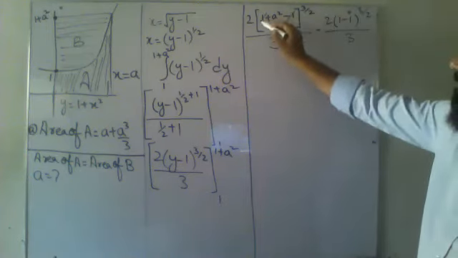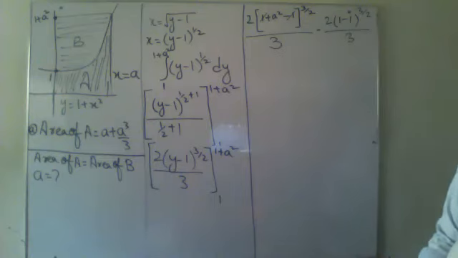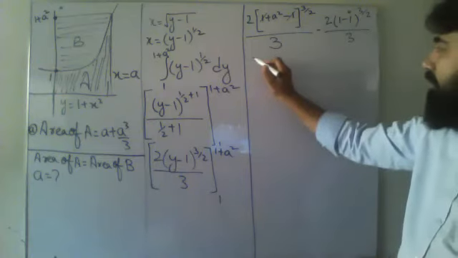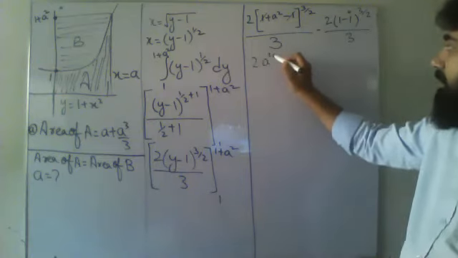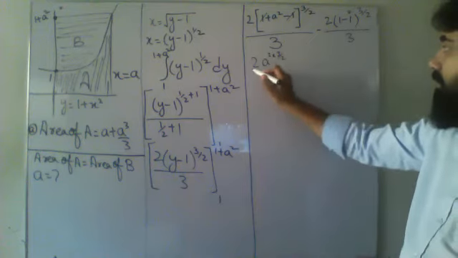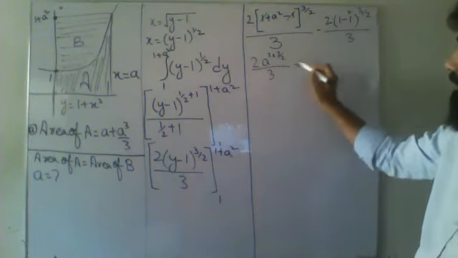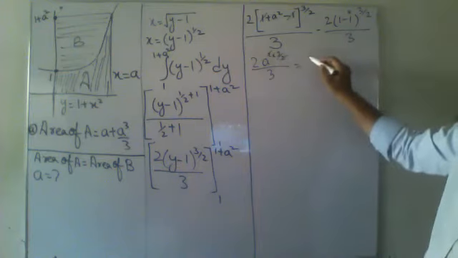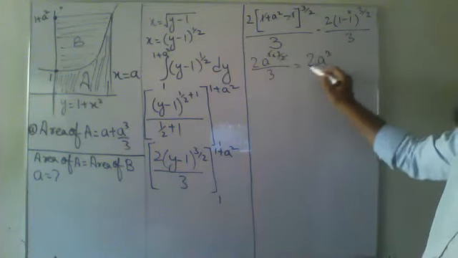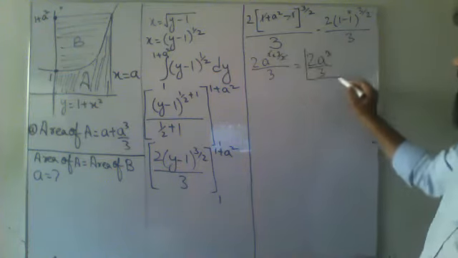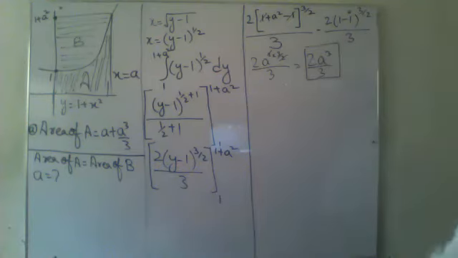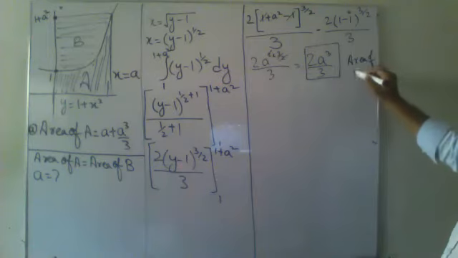Minus 0 plus the first term: 2 over 3 times (a square) power 3 upon 2. Cancellation: 2a cube over 3. That is your area of B.